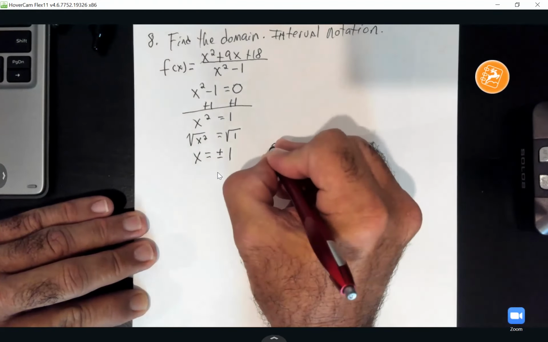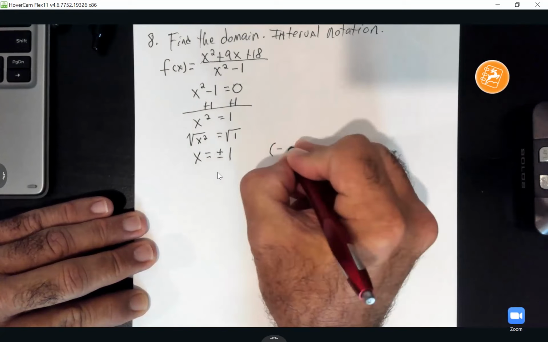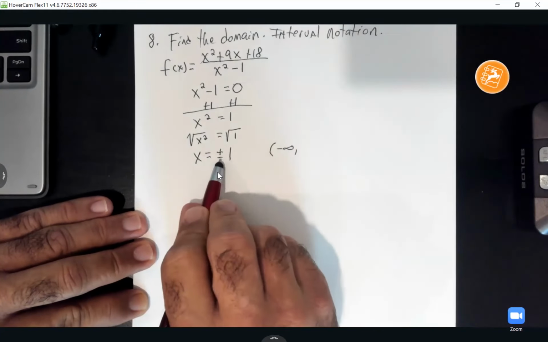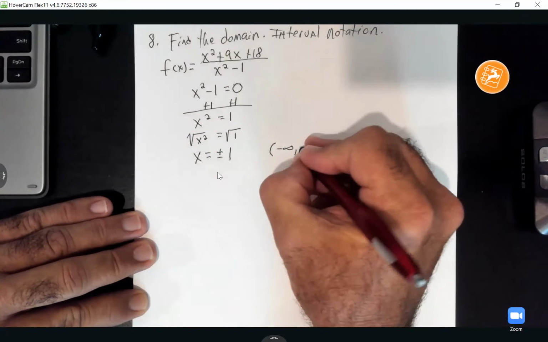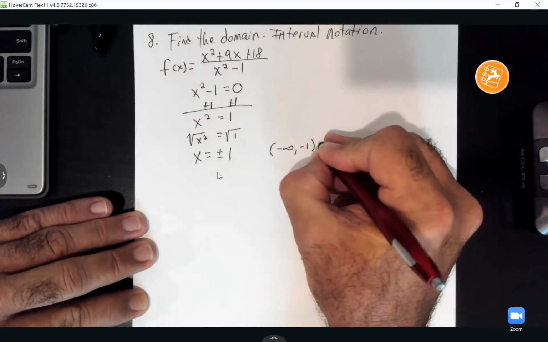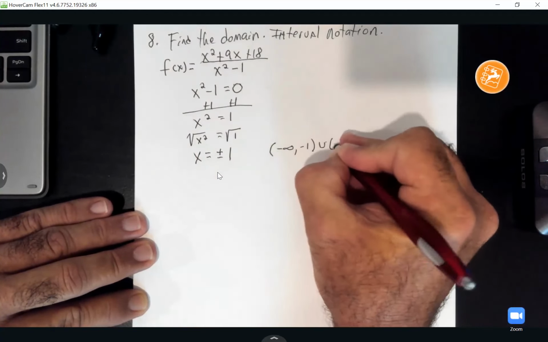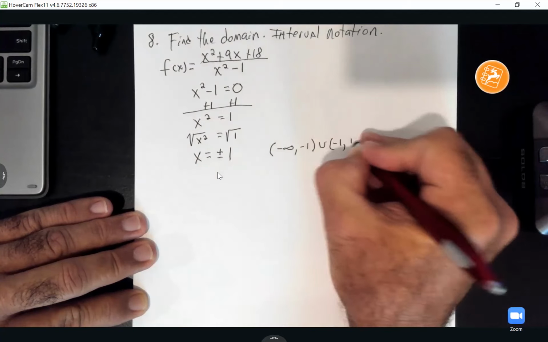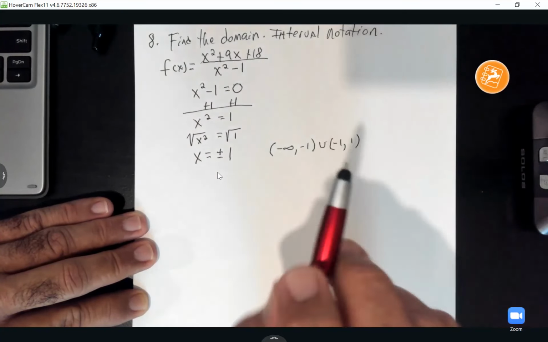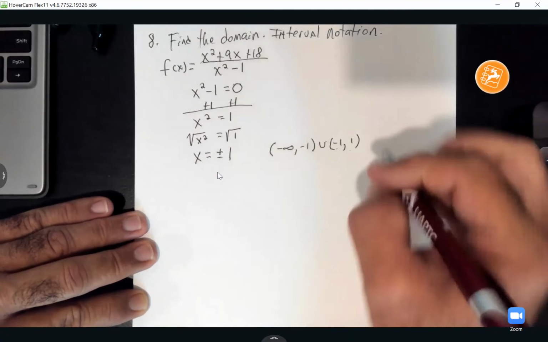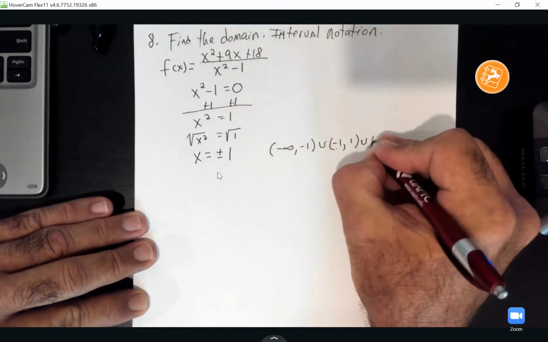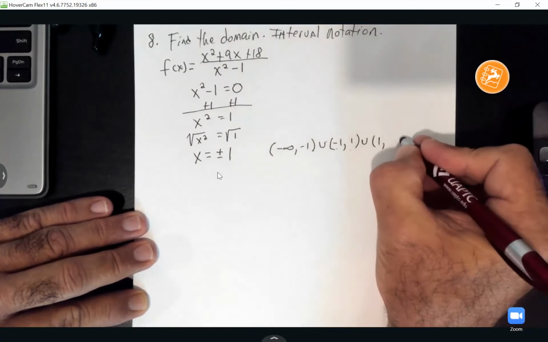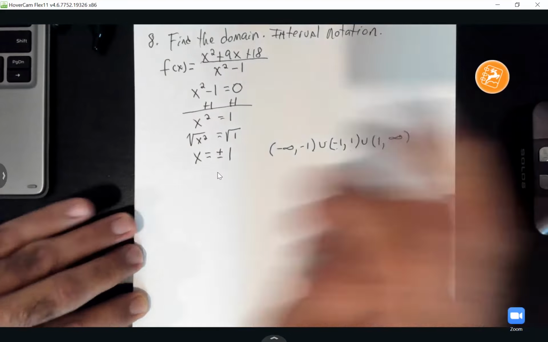So remember, our domain in interval notation will start at negative infinity till we hit -1, because we're going to hit it first, going left to right. We'll union from -1 to positive 1, and then we'll union that going from the 1 to our positive infinity.